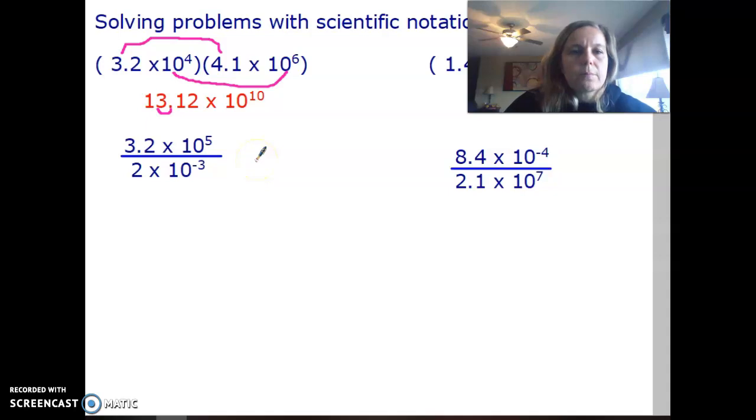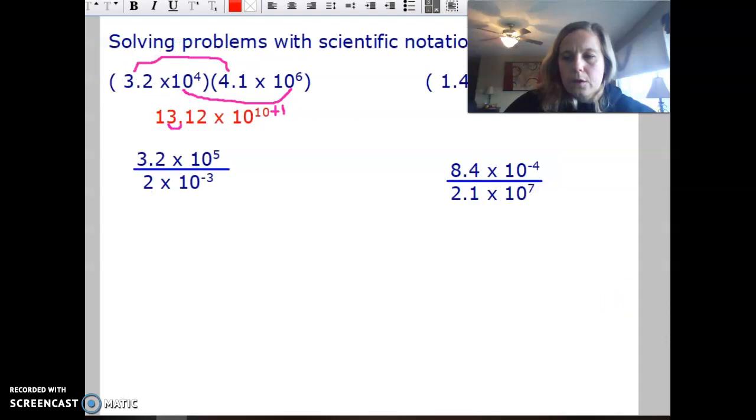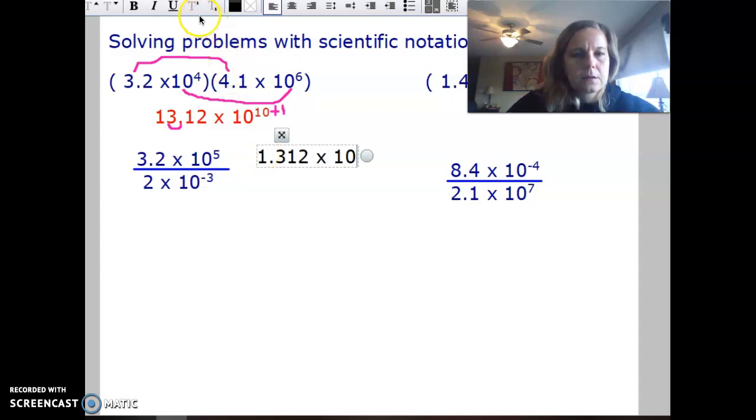And if we move to the left, we are going to add, so I'm going to go plus 1 to the exponent. With that being said, we are left with 1.312 times 10 to the 11th power.